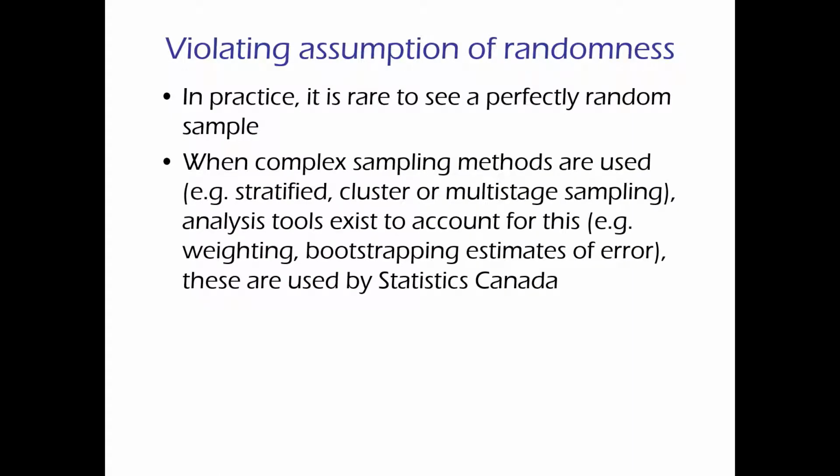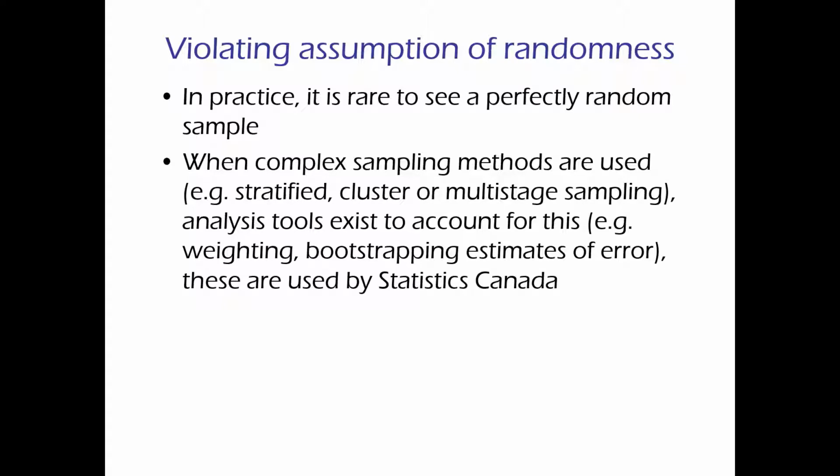Second, in the real world, perfect random sampling is sometimes hard to conduct, especially for a large population. In these situations, some complex sampling methods are usually used, such as stratified, clustered, or multi-stage sampling. Now, please recall the sampling method of the Canadian Community Health Survey, which we used for our assignment.